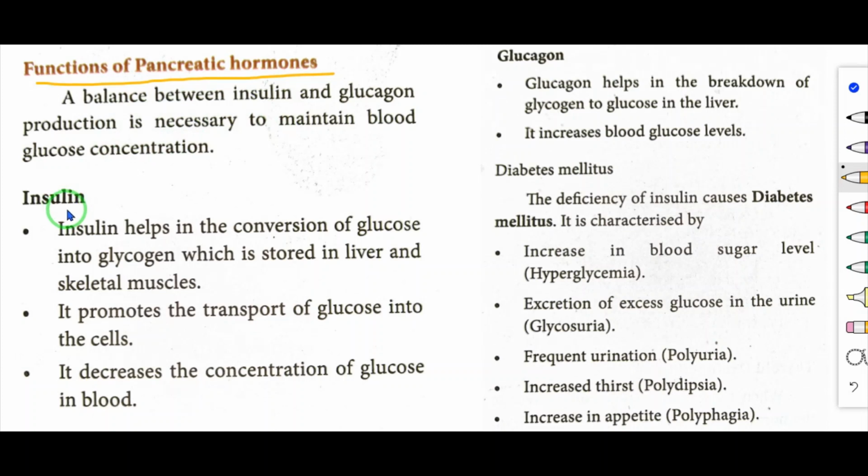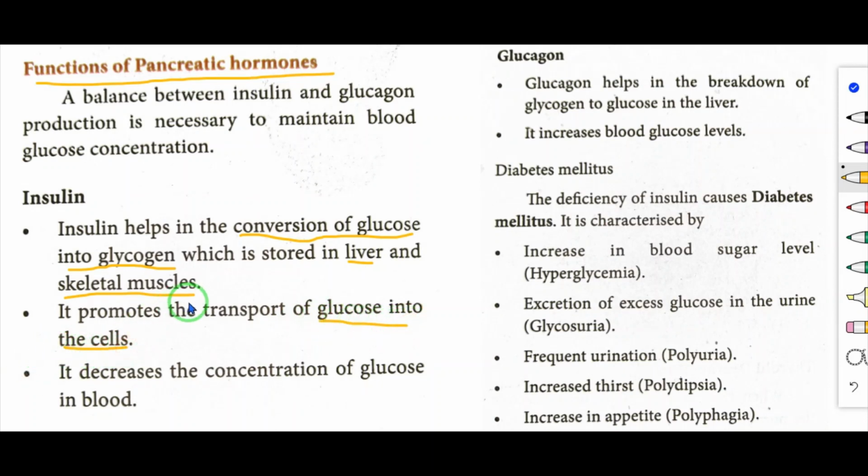First, let's see insulin. Insulin helps the conversion of glucose into glycogen, which is stored in the liver and skeletal muscles. Second, it promotes the transport of glucose into the cells.